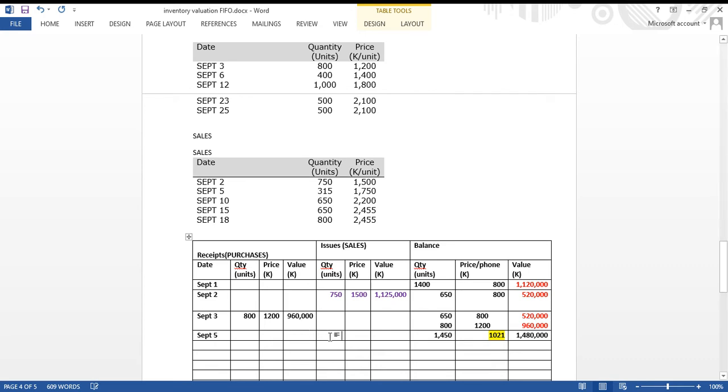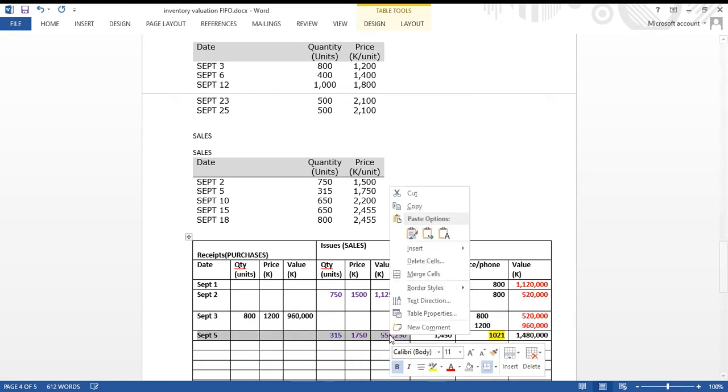We get 551,250. Oh, I have to put it in the next row. Let me remove it from this one.